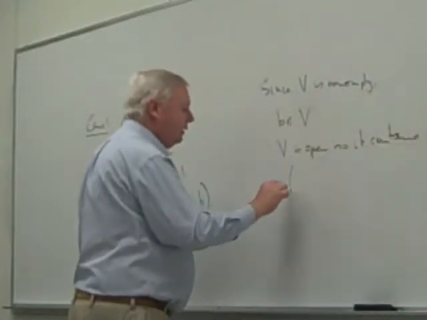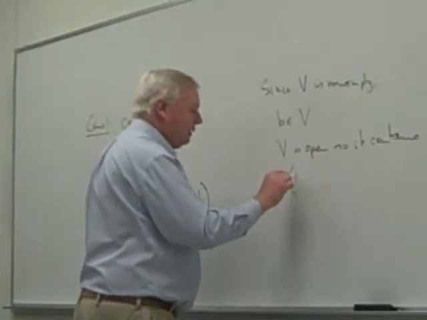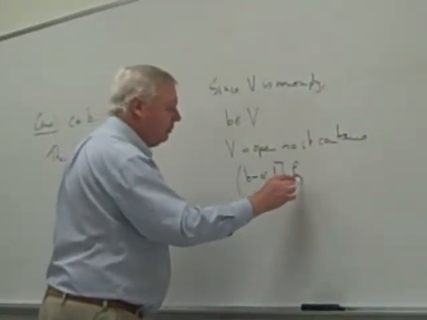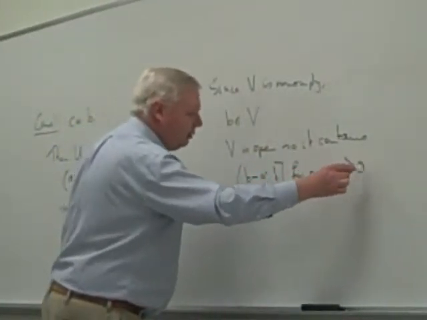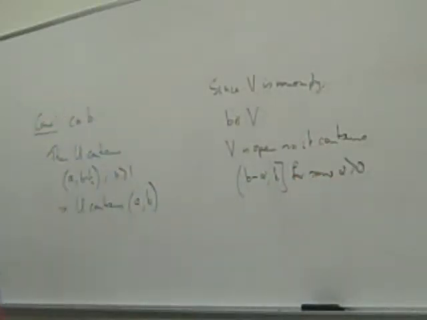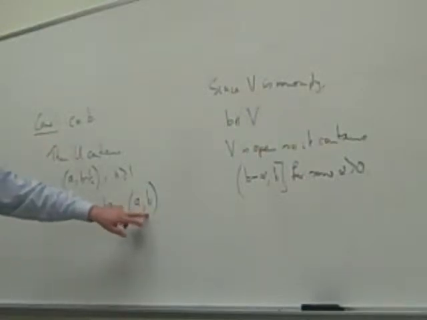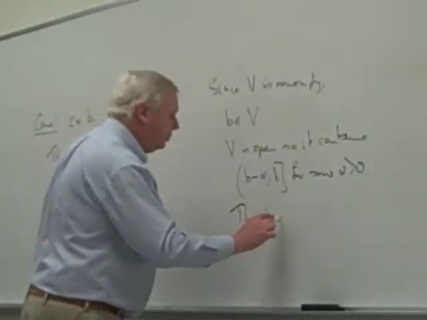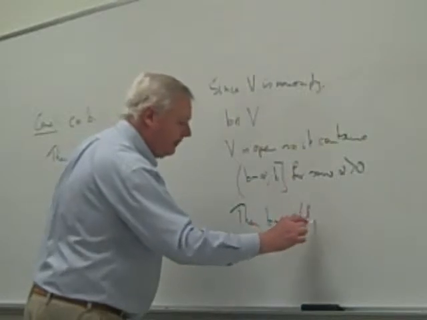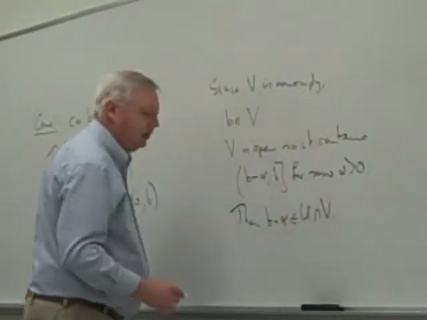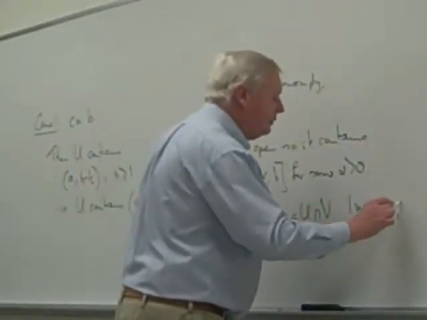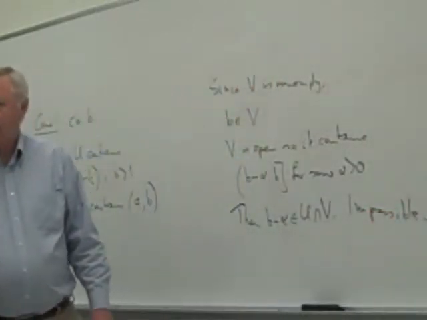So it contains an interval that looks like this: B minus alpha to B for some alpha greater than 0. But now that number, B minus alpha, it's strictly to the left of B, so it's in U. And it's also in V. And what we have here is a contradiction, so this is impossible, under the assumption that U and V are disjoint.